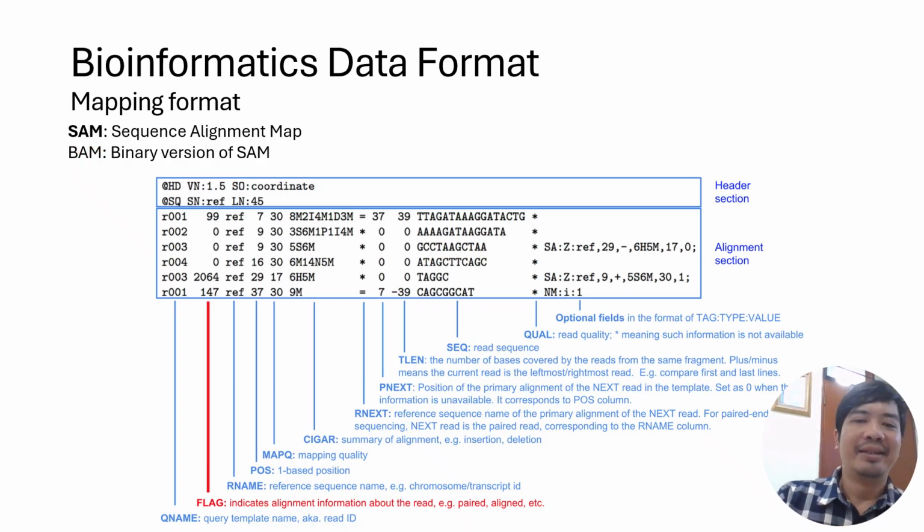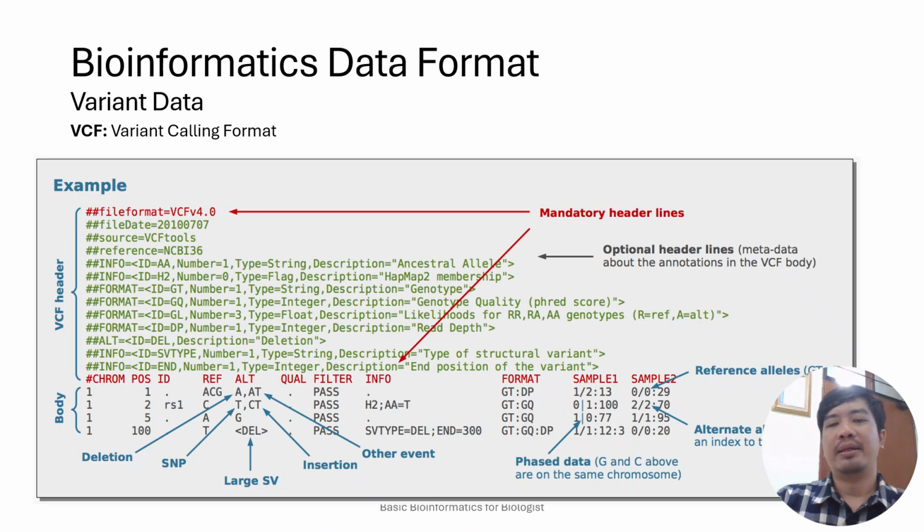Okay, and we move to one of the most important, VCF, variant calling format. What we store in this file is the polymorphism, the variation from SNPs, insertions, deletions, structural variation, and then we also store the genotypes of many samples.